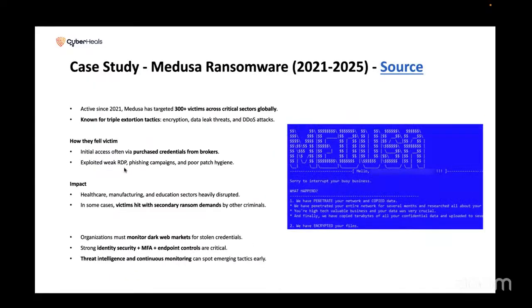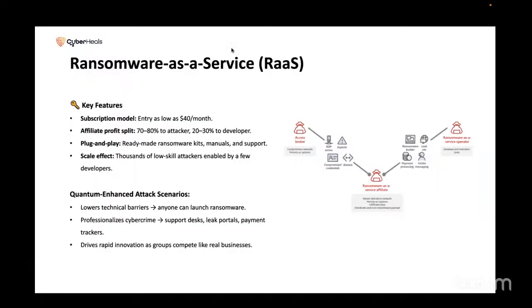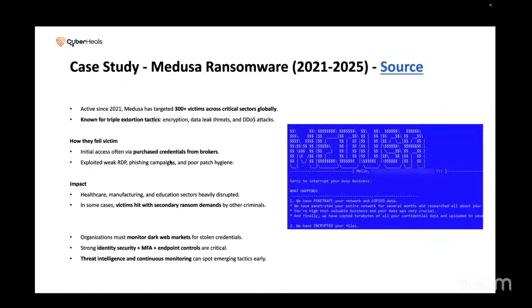So ransomware as a service, we already saw, right? It's a subscription model: you can pay $40 per month and get all the code to attack someone. Medusa ransomware, another case study. 300 plus victims across critical sectors globally.